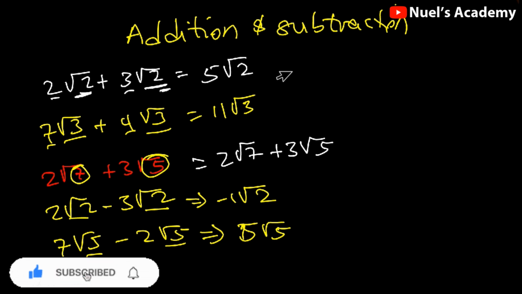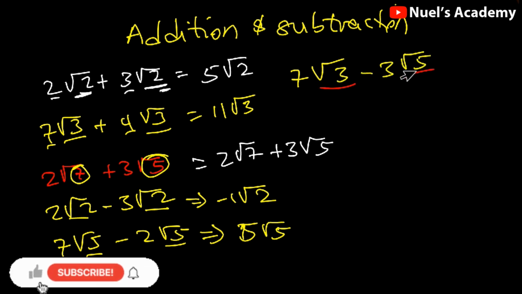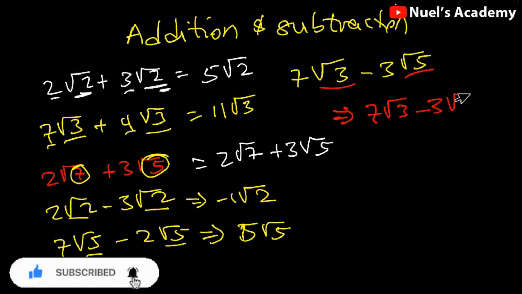But can we perform this operation, 7 root 3 minus 3 root 5? The answer is no, we can't subtract these surds because they have different radicals. If they have different radicals, we just leave it like that. So this is still 7 root 3 minus 3 root 5.